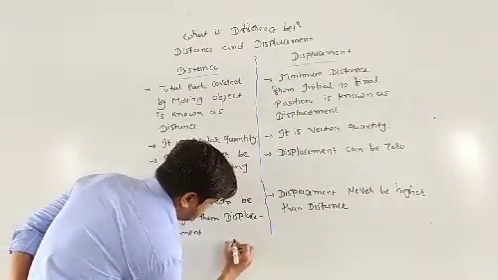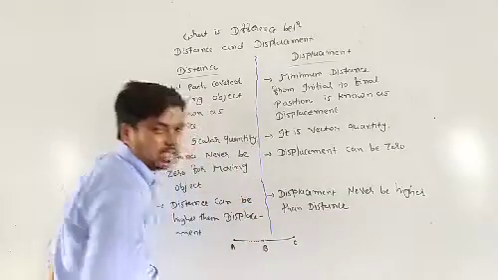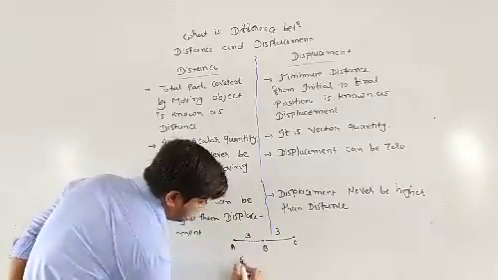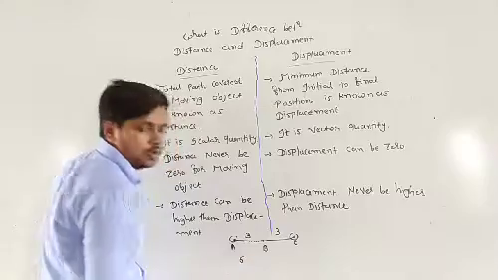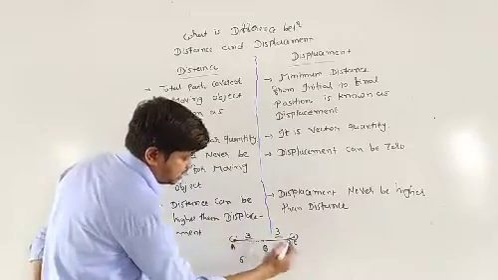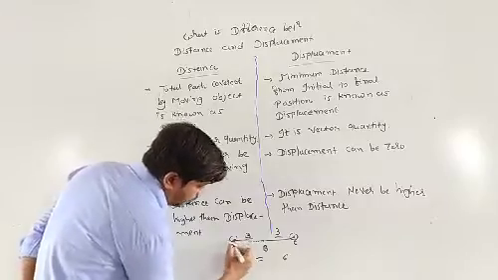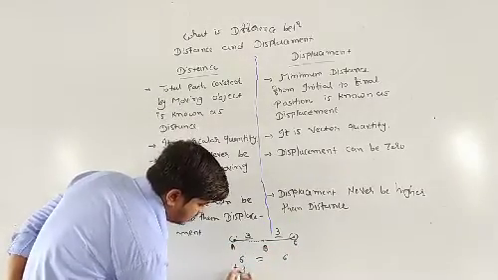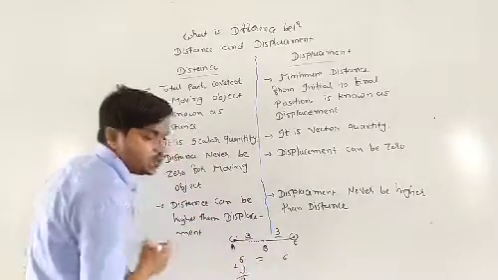If an object is moving from A to B, B to C, the distance of each is 3. What is the total distance? 6. And what is the displacement? Initial and final position. The total distance is 3 plus 3 equals 6. So it can become equal. But if the object is moving from A to B, B to C and C to B, then the total is 9, while the displacement is initial to final.